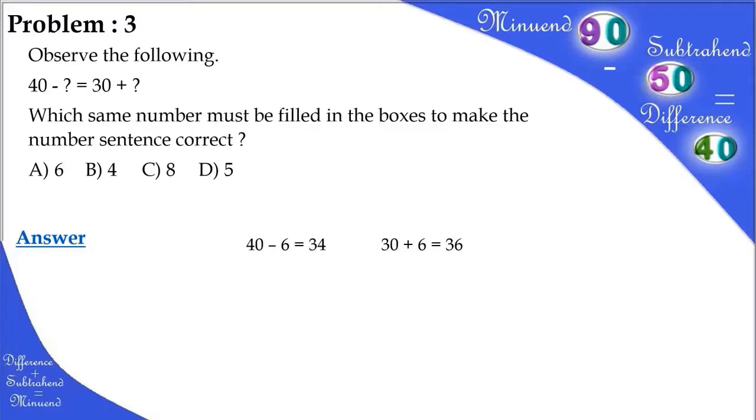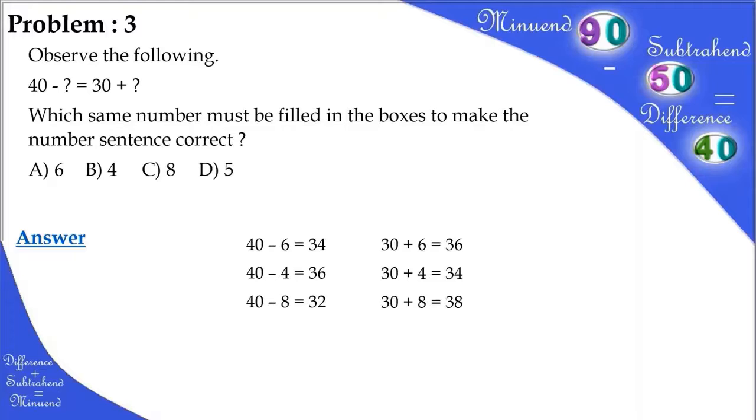So we will go to the next option, which is 4. 40 minus 4 is equal to 36. 30 plus 4 is equal to 34. This is also not the same. So we will go to the next option. C, which is 8. So 40 minus 8 is equal to 32. 30 plus 8 is equal to 38.